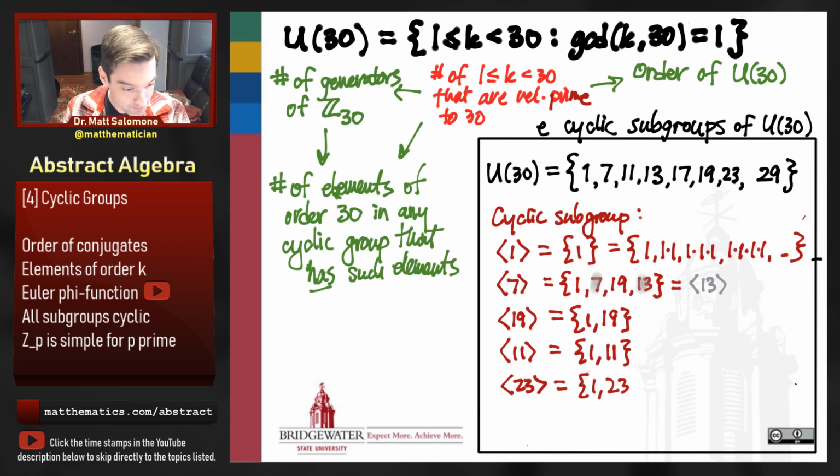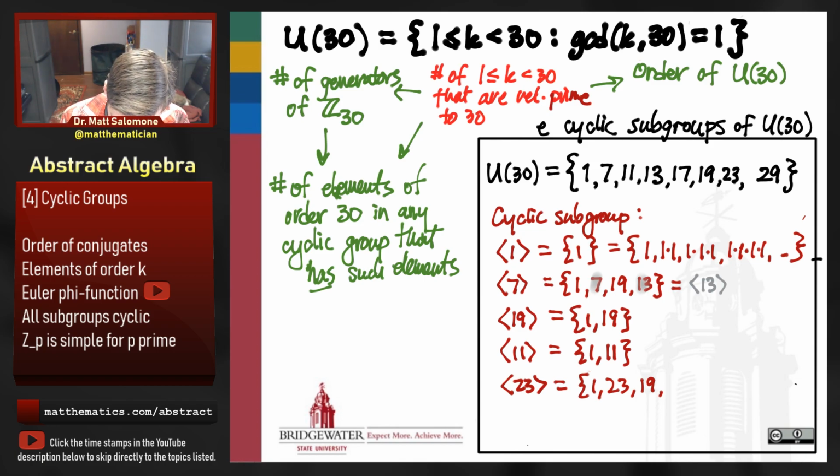What is 23 going to be able to do for me here? What can it generate? Well, 23 multiplied by itself, we decided was congruent to 19. And then if I multiply that by 23 again, 19 times 23, then mod 30, that's going to give me 17.